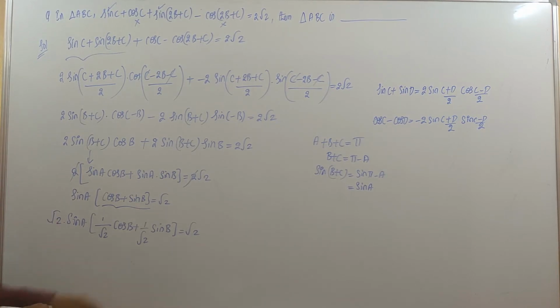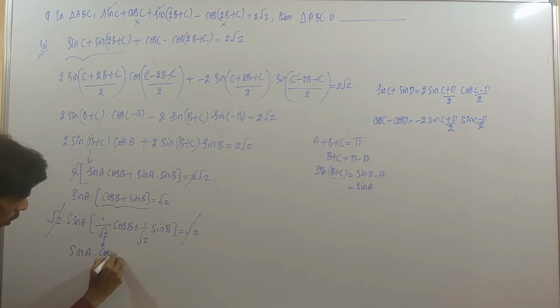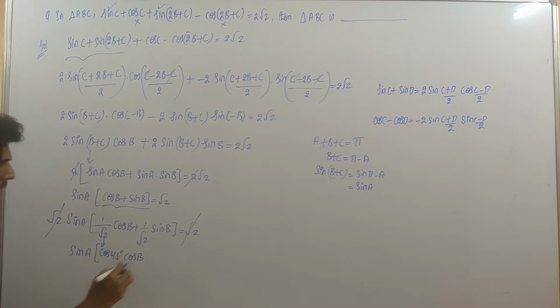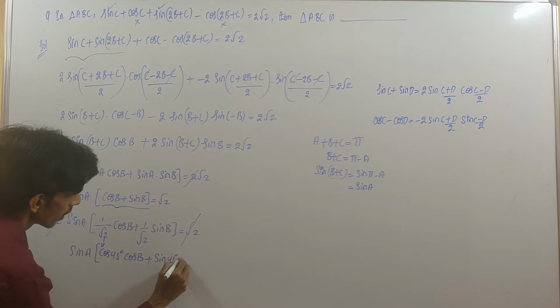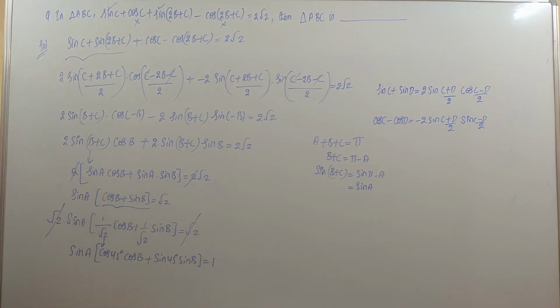So multiply and divide by root 2. Now these 2 will get cancelled. We have sine A into, in terms of cos it will become cos 45 degree, cos 45 cos B. Here in terms of sine, write down sine 45 into sine B is equals to 1.